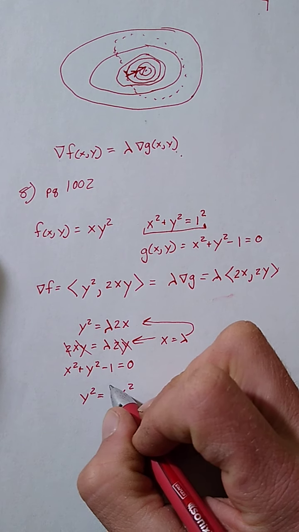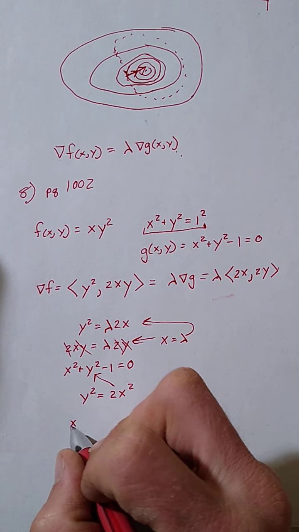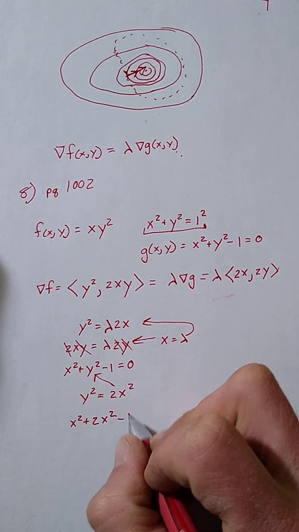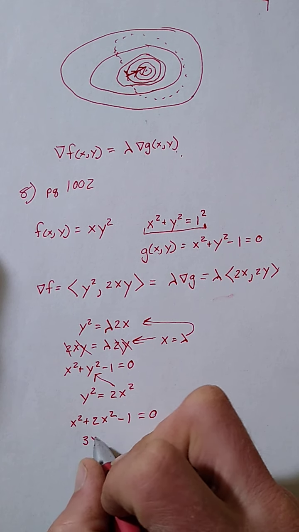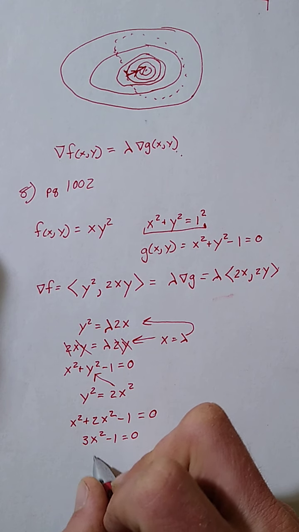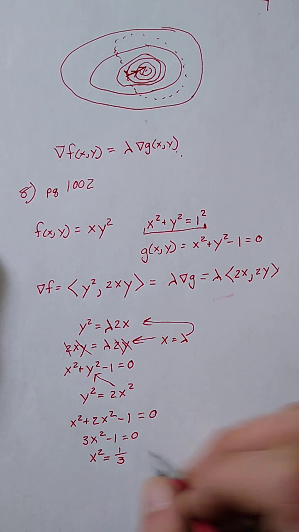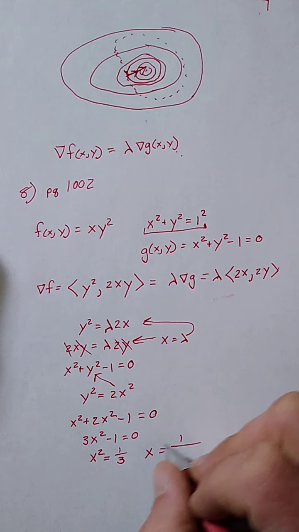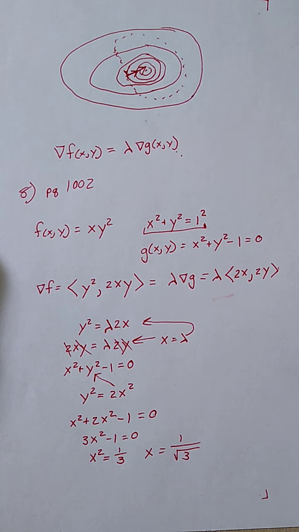And then we can apply that into the last equation, and we get x squared plus 2x squared minus 1 equals 0, which gives us 3x squared minus 1 equals 0, or x squared equals 1/3, which implies that x equals plus and minus 1 over the square root of 3.